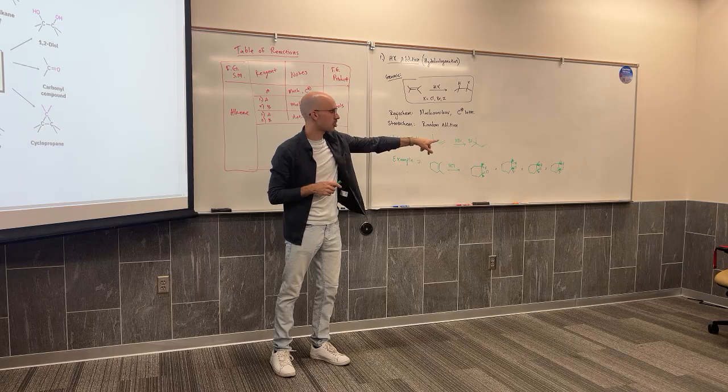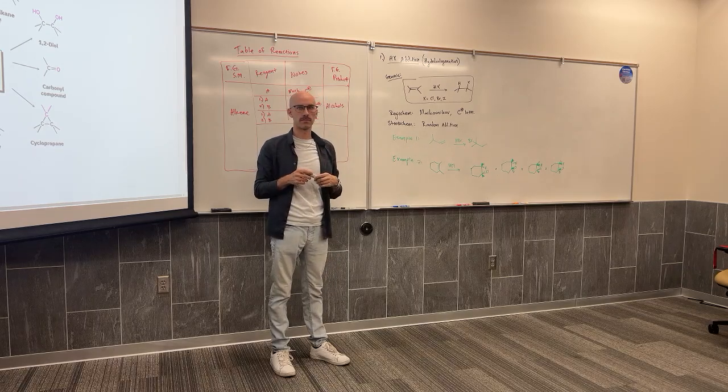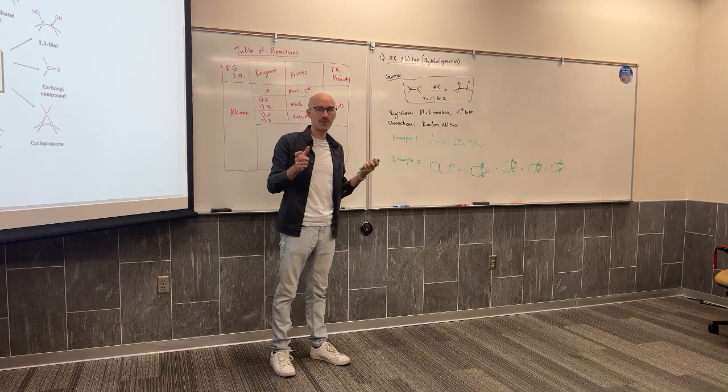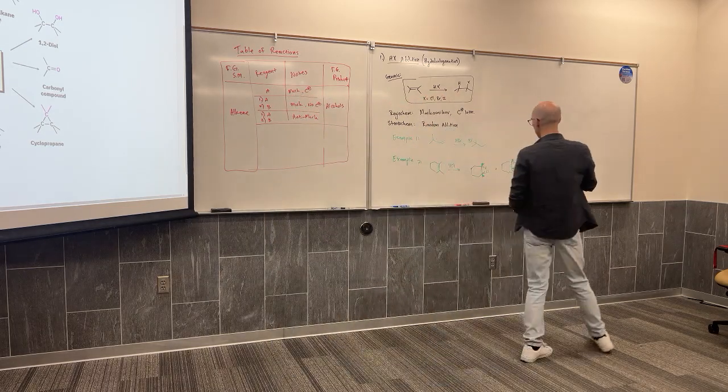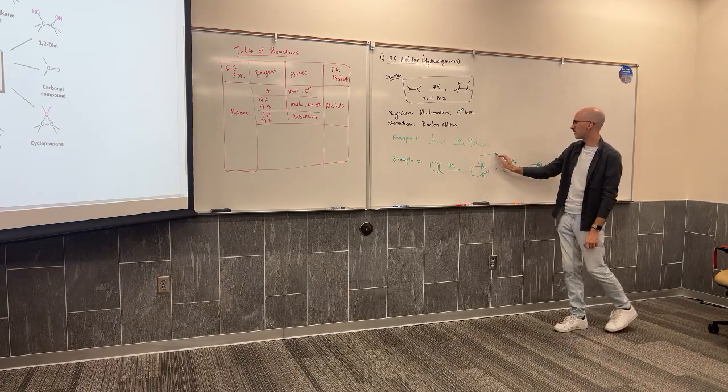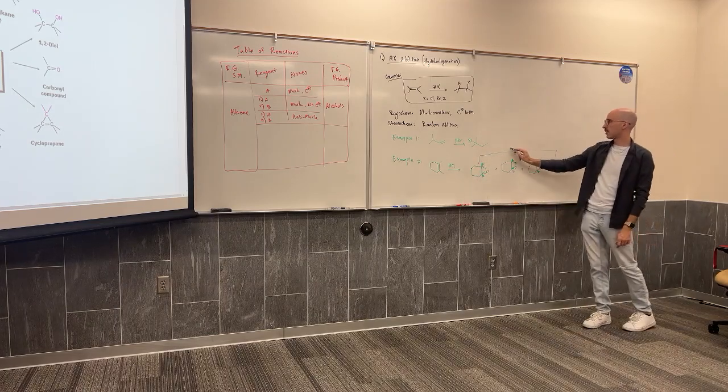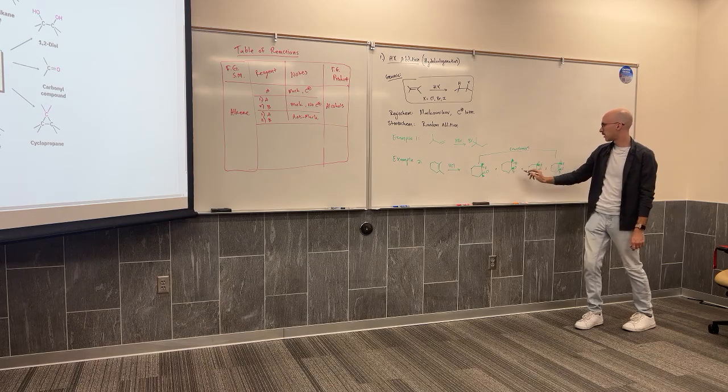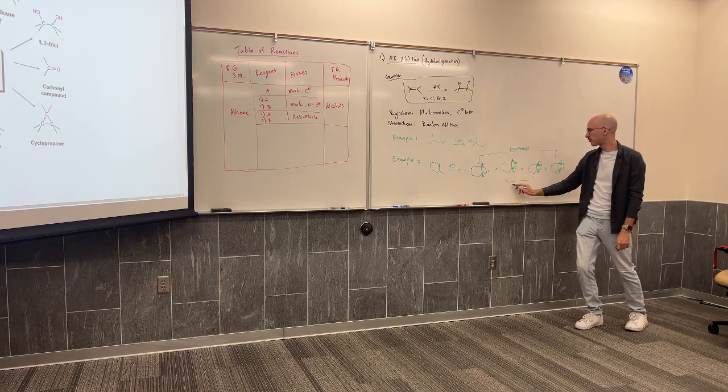What is the relationship between these four products? They're all stereoisomers, but there are different relationships within that. Both wedged and both dashed, those are enantiomers. Wedged and dashed, those are enantiomers.